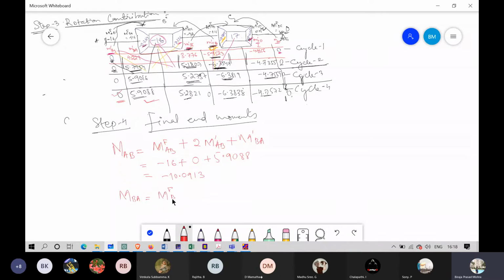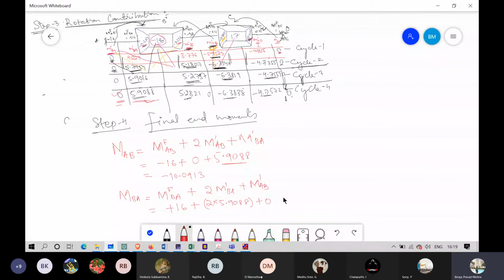MFBA plus 2 times M dash BA plus M dash AB. How much is MFBA? MFBA is plus 16, plus 2 into M dash BA, which is 5.9088, plus M dash AB, which is 0.